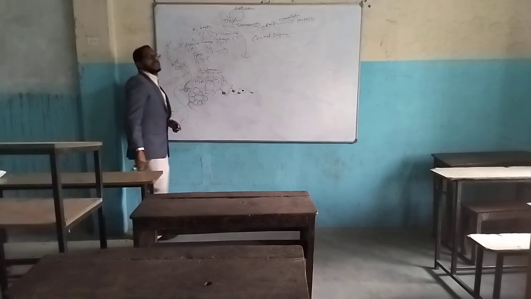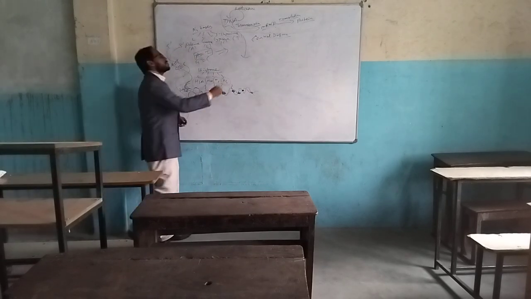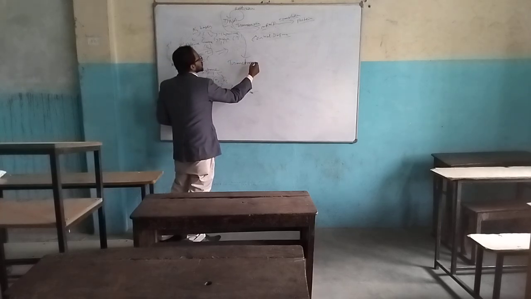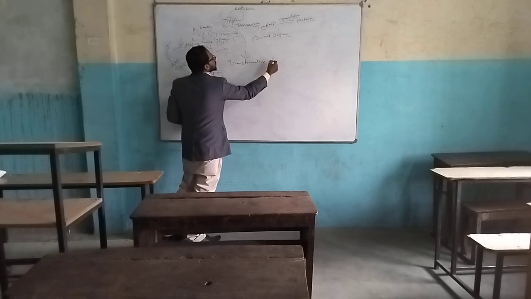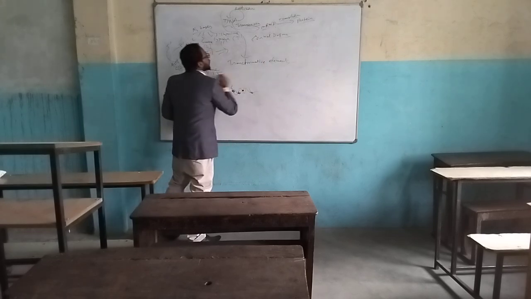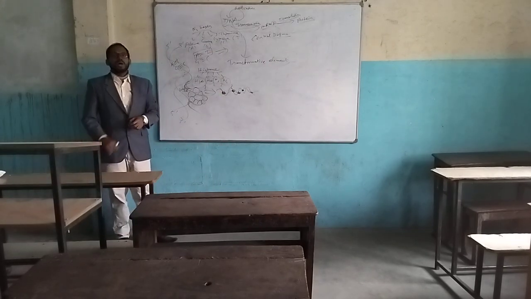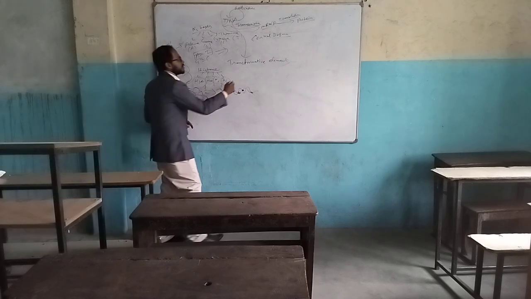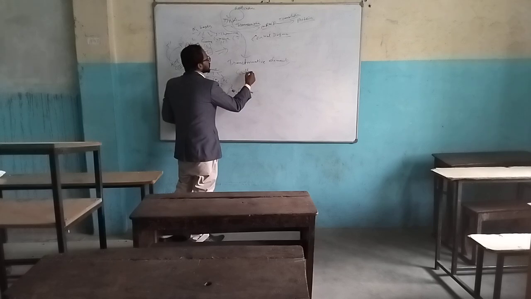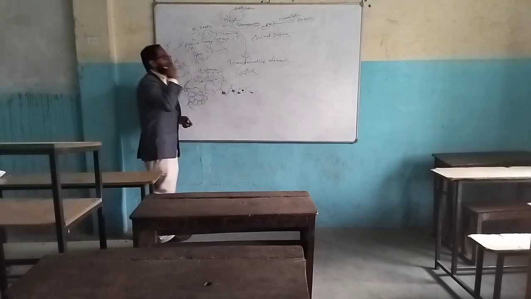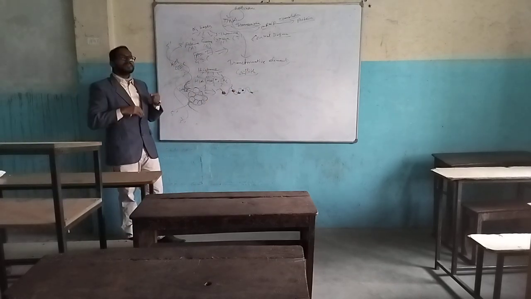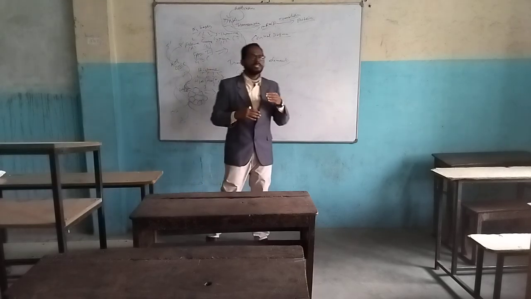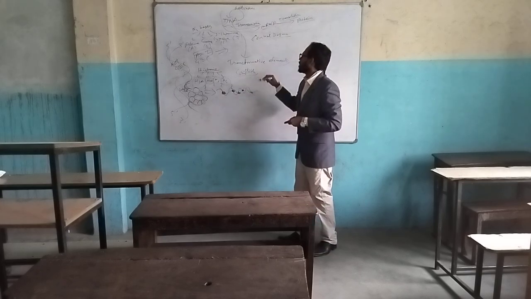This DNA acts as a transforming element. And this was proved by three scientists. First is Griffith. Scientist Griffith showed that there are some elements which can transform from one generation to another generation.